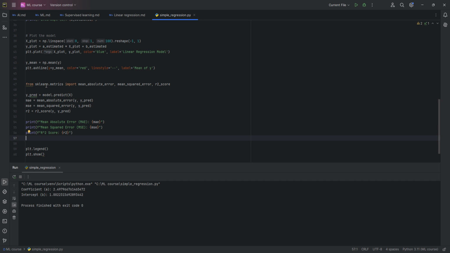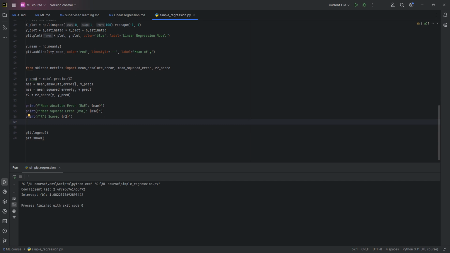From the scikit-learn metrics, we can get the mean absolute error, mean squared error, and R2 score. For these functions, we need to provide the y predicted and also the actual y, so they can calculate those metrics. And then I'm going to print them.